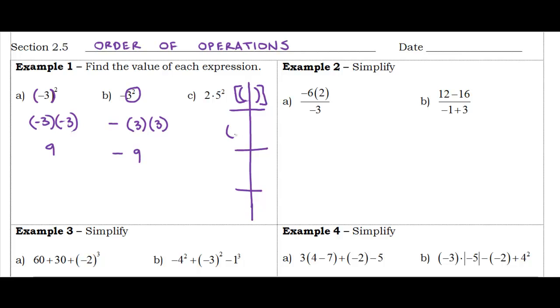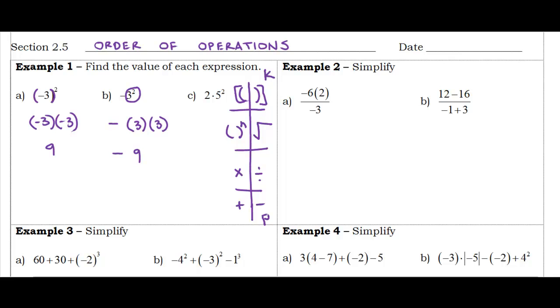Then we do powers and roots second. Multiplication and division third. And what's left at the end? Adding and subtracting. So the kings are up here and the pawns are down here.